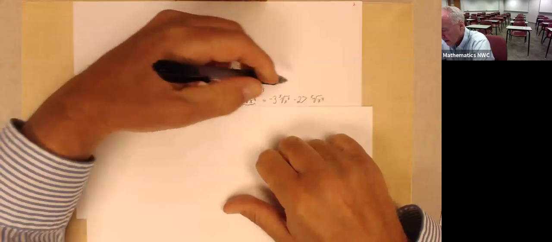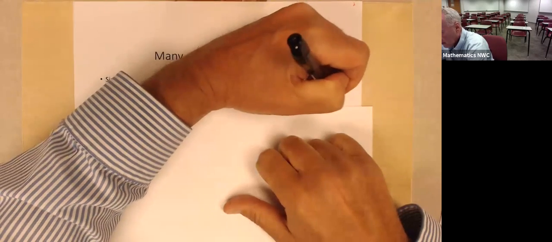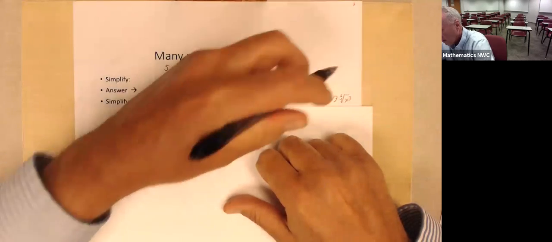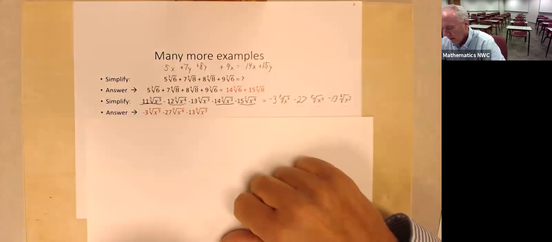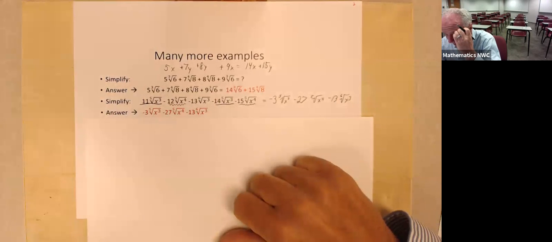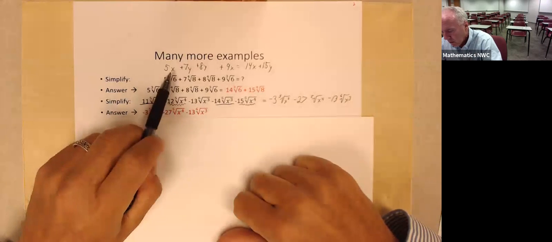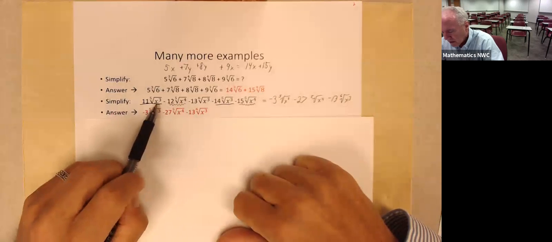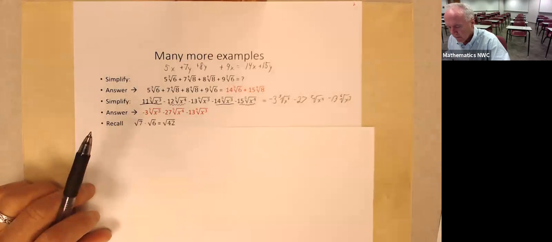Consequently, it just comes along as a negative 13 sixth root of x cubed. And that's why we ended up with that answer. Again, concept no more difficult than this up here, but it just gets a lot messier.